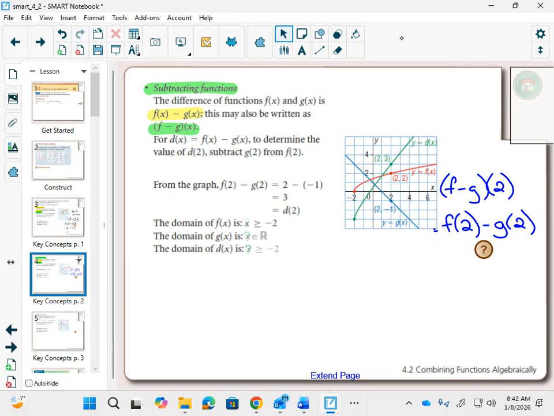And again, the domain of subtracting functions is where the two domains overlap. So they both have to exist to subtract.